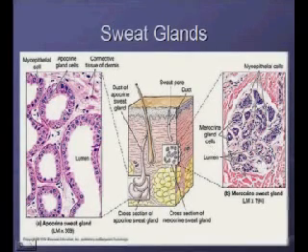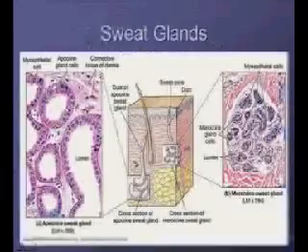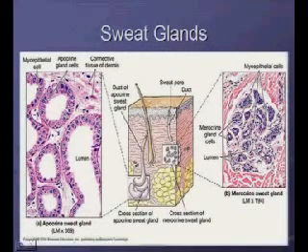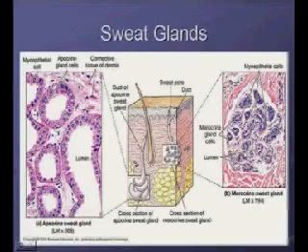This is an illustration of the apocrine sweat gland. Again, you can appreciate the myoepithelial cells, the various lumen. Again, I would expect you to recognize sweat glands in a histological slide.